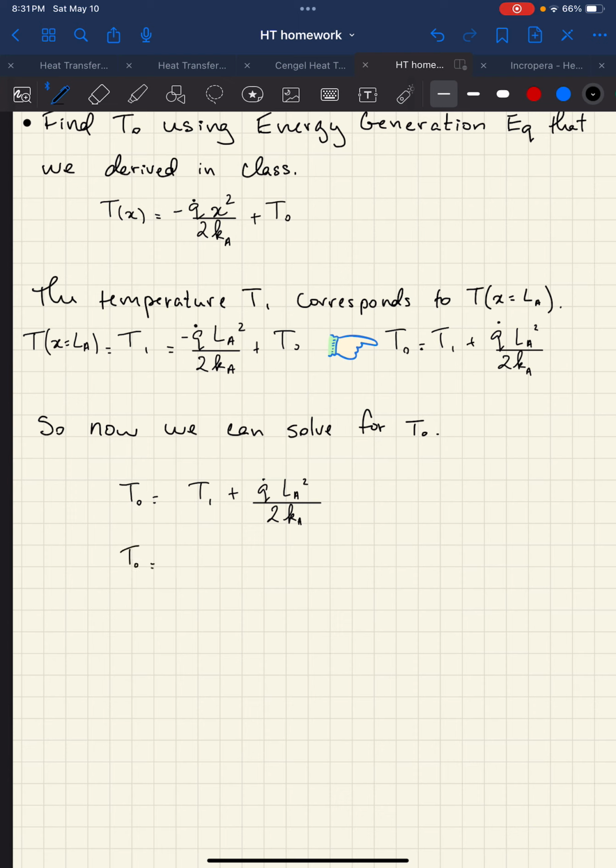T1 is 401.15 Kelvin. Q dot is 1.2 times 10 to the 6 watts per meter cubed. LA is the length of material A. Again, this equation corresponds only to the material that generates heat, which is material A. The length is 40 millimeters.